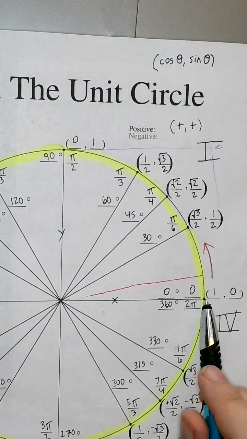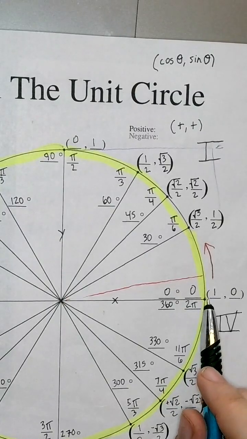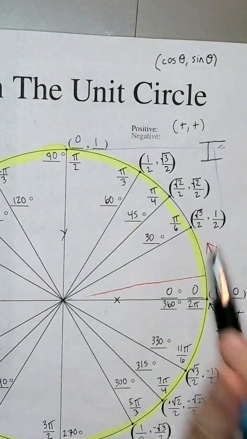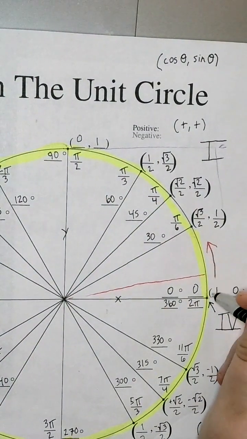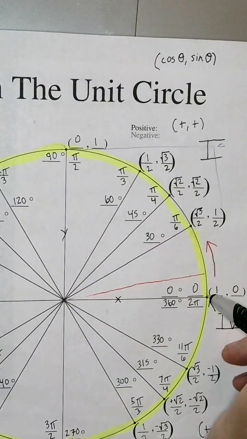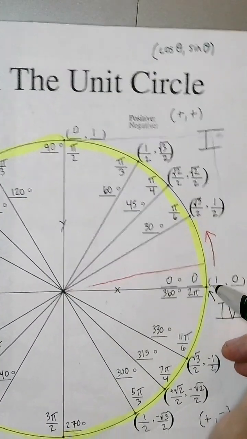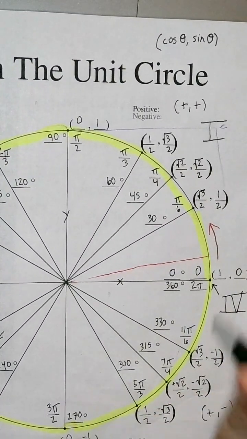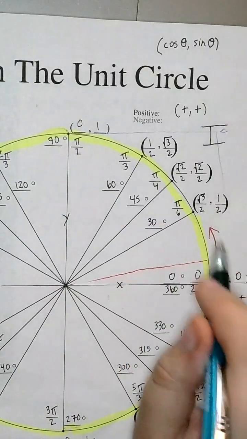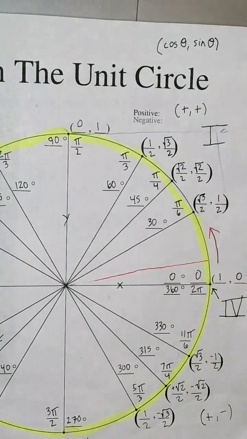In order to use the unit circle, I start at the point 1, 0, and I go counterclockwise. If I'm finding tan of a positive number, I go counterclockwise, and if I want to find tangent of a negative number, I go clockwise. So since pi is positive, am I going clockwise or counterclockwise?